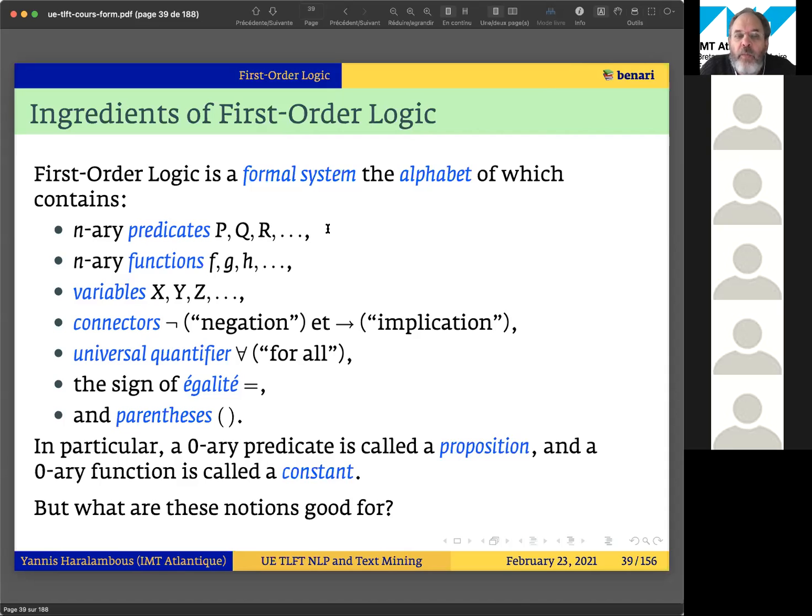The number of arguments is called the arity of the predicate. And these arguments can be either variables or functions applied to variables. And when I take variables and I apply functions and then functions to other functions, I get terms.